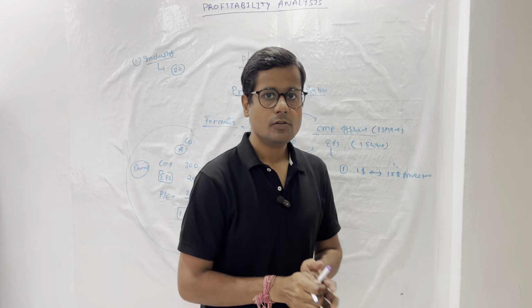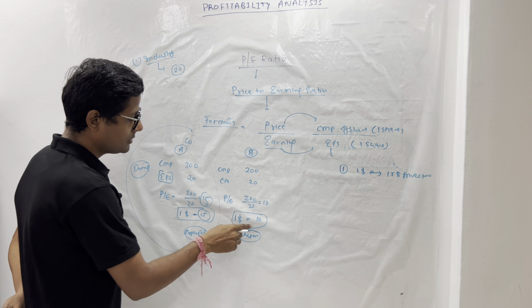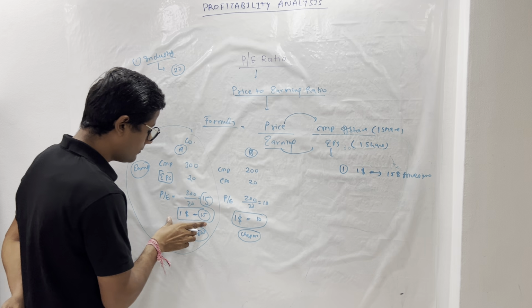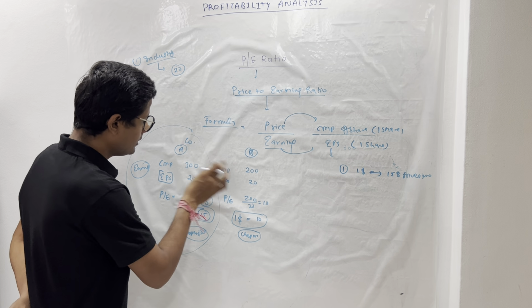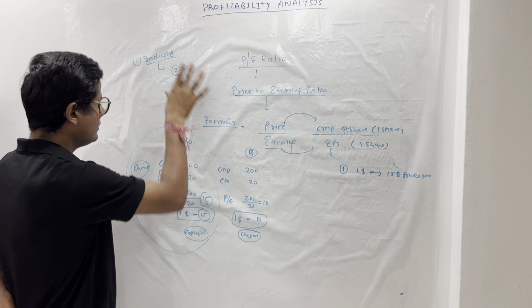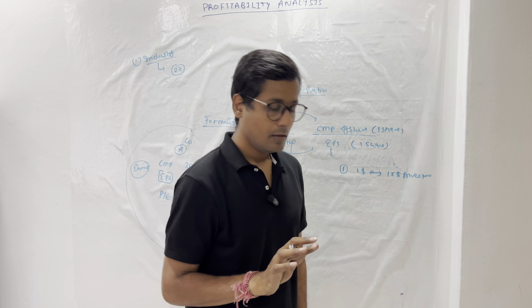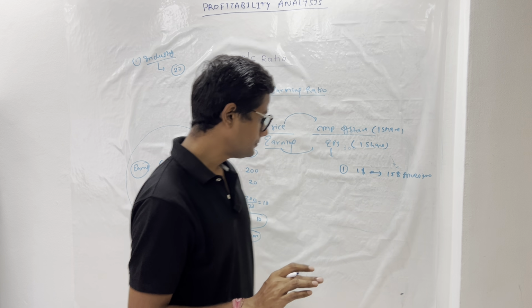So you have the PE multiple, you understand how much you need to invest to earn $1 in this company, and you compare and analyze which is cheaper and which is expensive, and you check against the industry also to do the overall analysis. I hope till now this is clear.